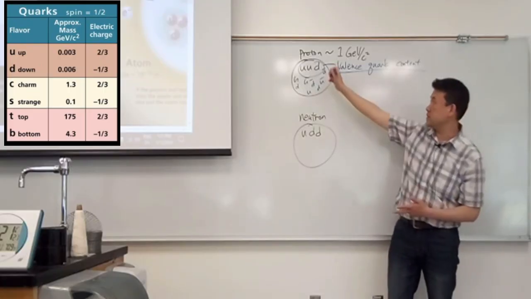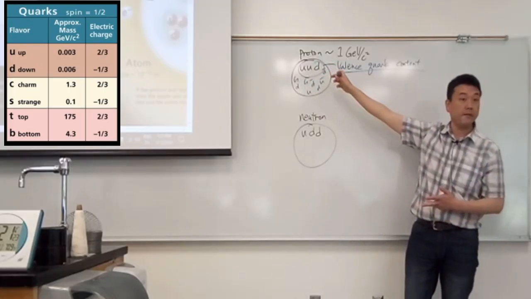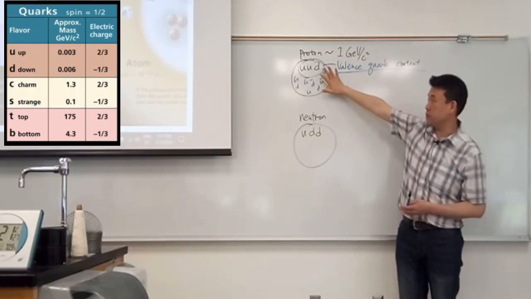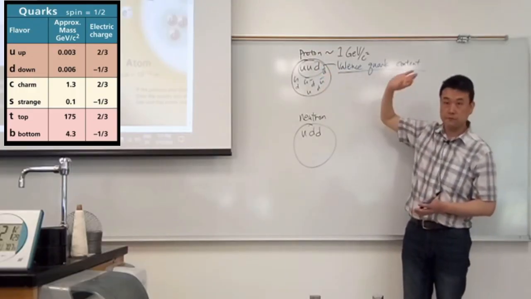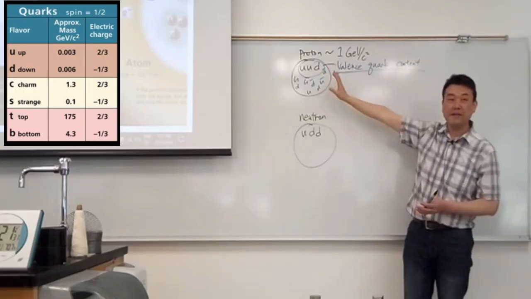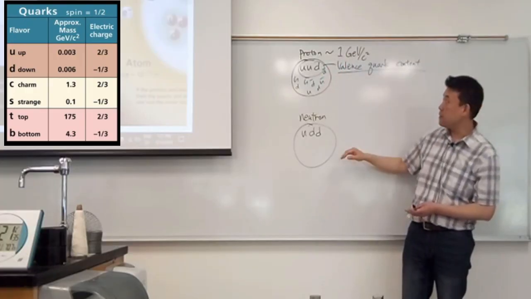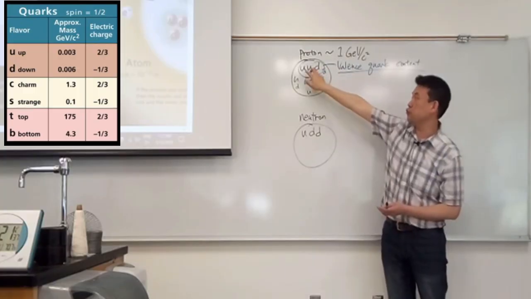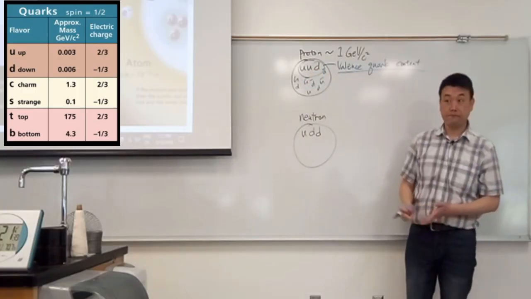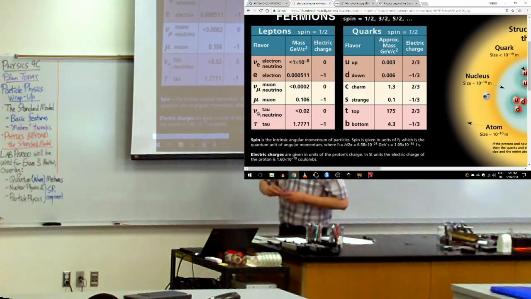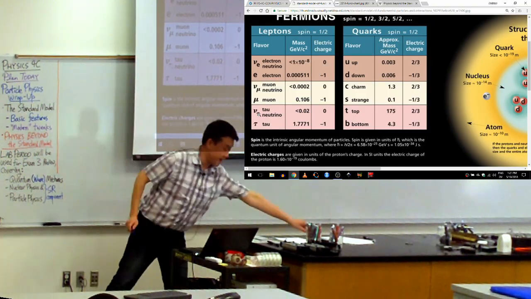And what remains is this valence quark content. But really a more truthful representation of the proton is that it's made up of an indeterminate number of quarks and antiquarks. But when you add them all up, you have a net of 2 up quarks and 1 down quark. Okay? And same for the neutron. So that's what those mass numbers are kind of hinting at.